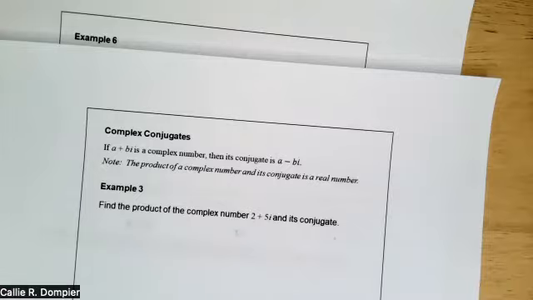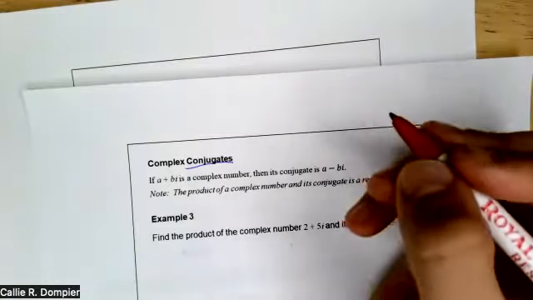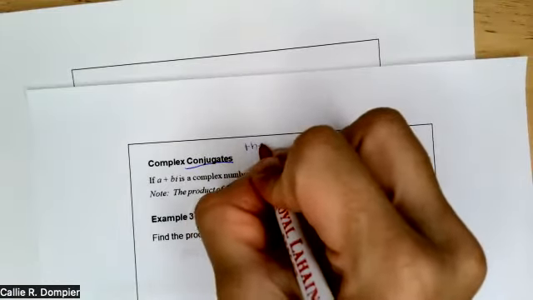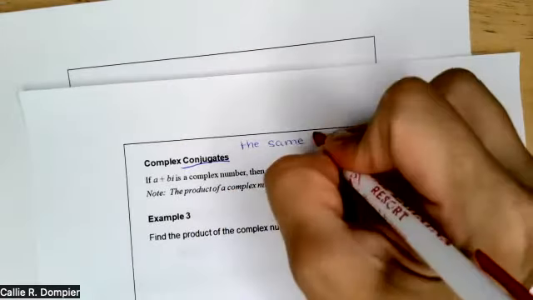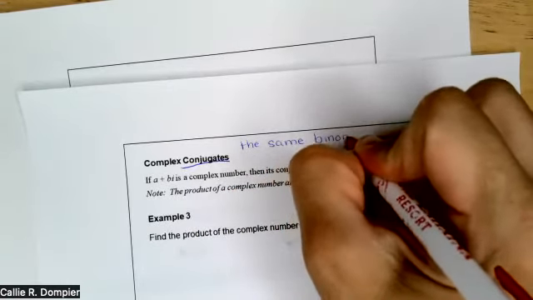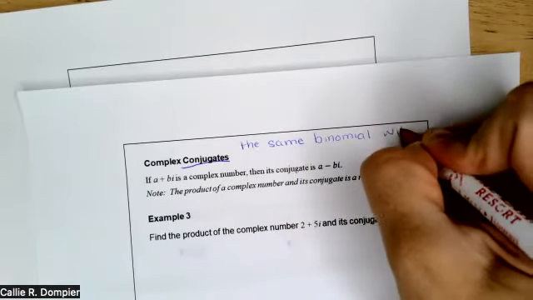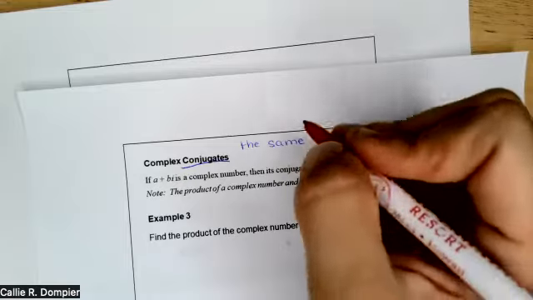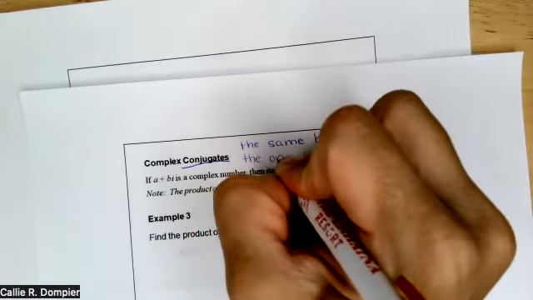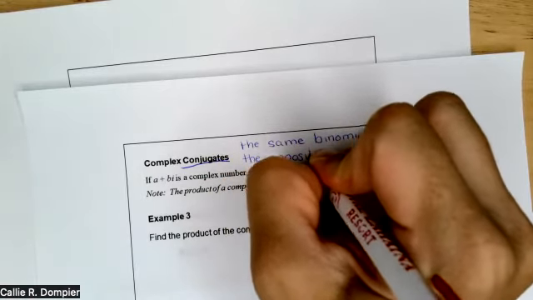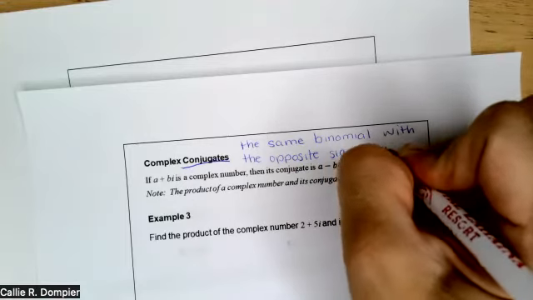A conjugate of a binomial is that same binomial with the difference being the opposite sign between the two terms.